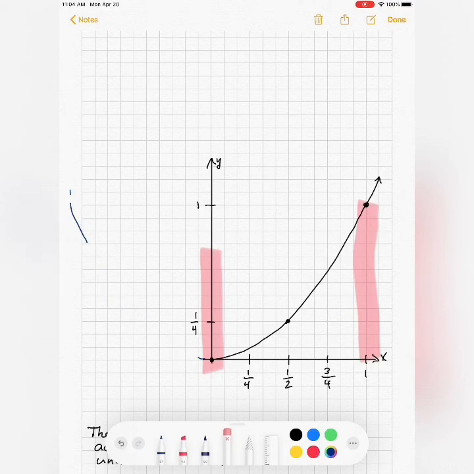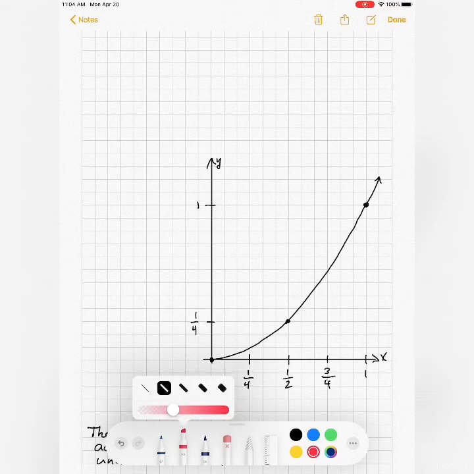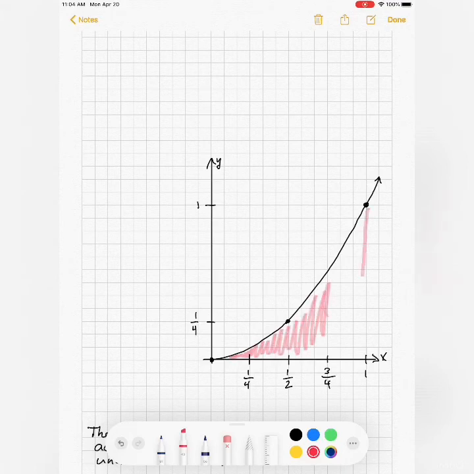I'm not interested in that side anyway. So the goal then is, can I find the area under the curve here in between 0 and 1? So that area.